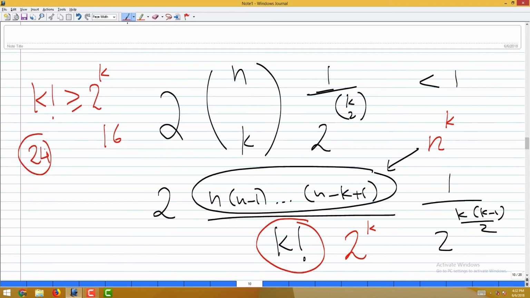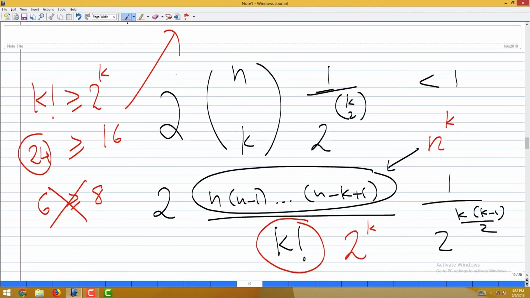Earlier, 3 factorial was 6, greater than or equal to 2 cubed, so that was also correct then. Sorry, this was not correct before. From now on it will be correct, because k factorial will grow faster now. Every time you are multiplying by k, here only multiplying by 2, right. So, from k equal to 4 onwards it is correct.